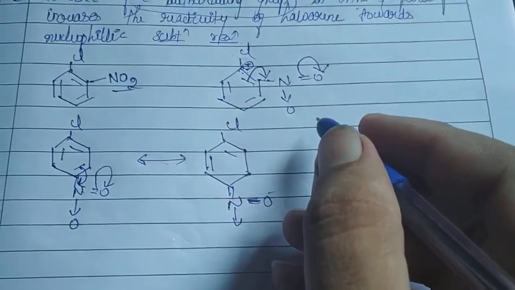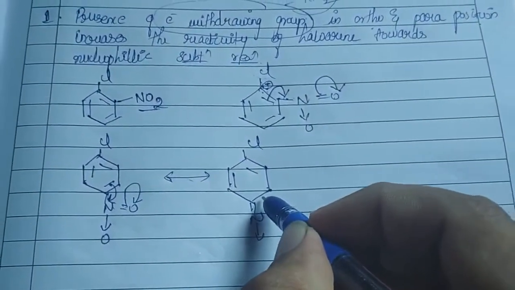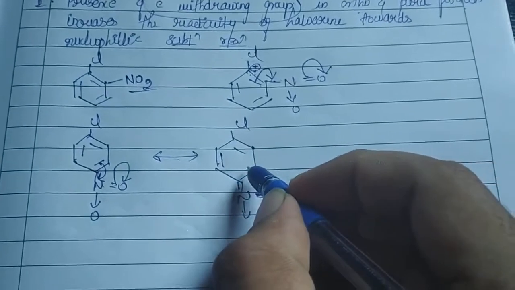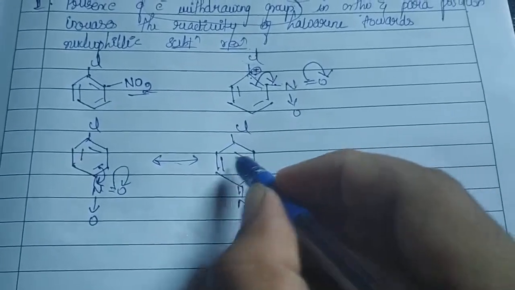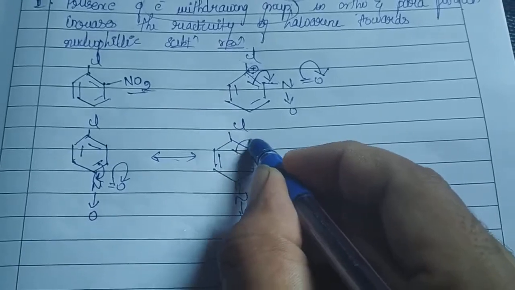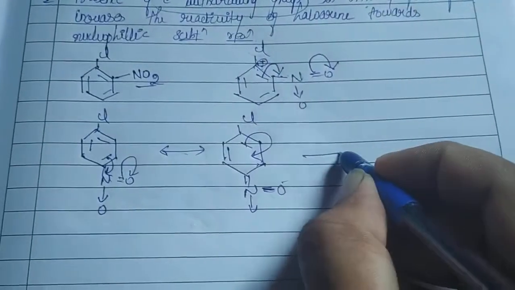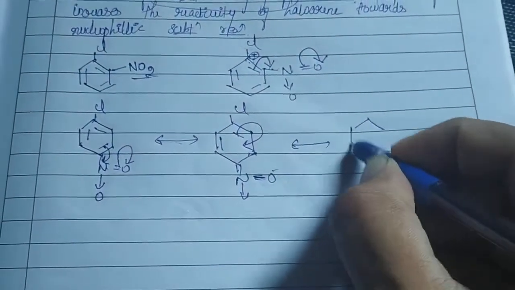You should only guide me, guys. So now the electron density being less over this carbon, this will be provided over here. Since it will come now over here, what happens? So now you'll be getting it in this way.